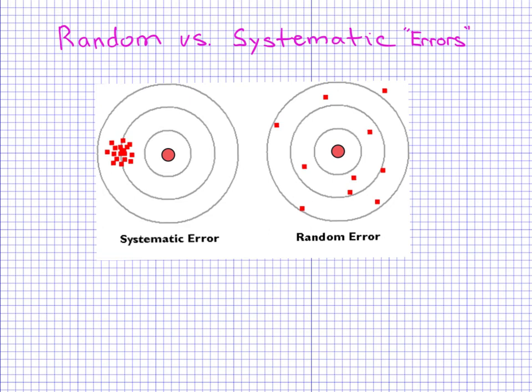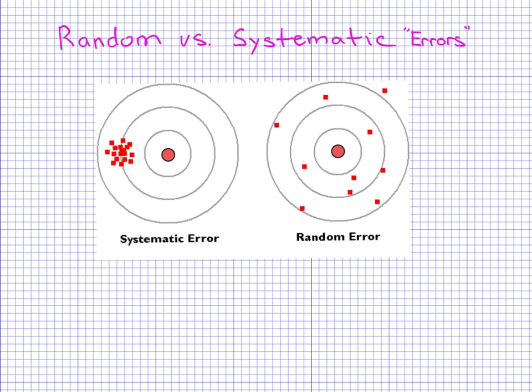And understanding the nature of the errors that you're dealing with is really an important factor in becoming an experimental scientist and trying to correct for both of these kinds of errors. So systematic errors, often you can correct just by getting better equipment or thinking carefully about how you're doing the experiment, using better equipment or better experimental design.